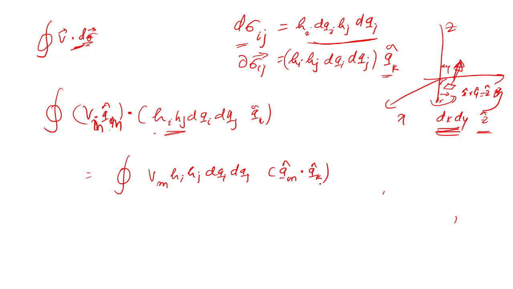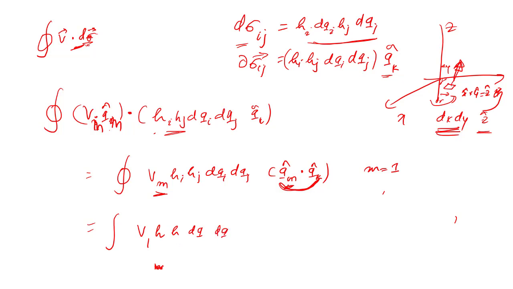So m is repeated, so you would get three terms here. If I let's say m is equal to 1, then I'm only going to get the term with q_1. So I would have this as the integral of V_1.